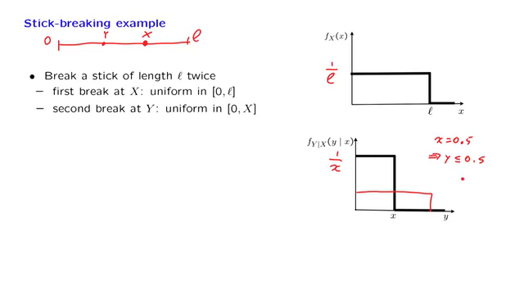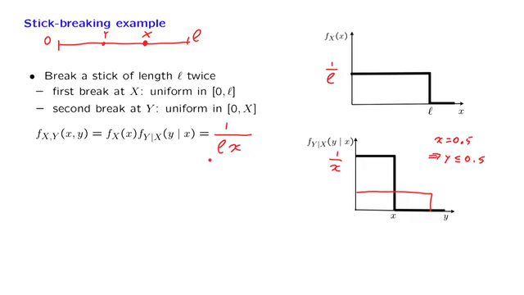Of course, with these two pieces of information, we can reconstruct the joint PDF using the multiplication rule. The marginal is 1 over L, the conditional is 1 over x, so the joint is equal to 1 over Lx. But for which values of x and y is this the correct expression?